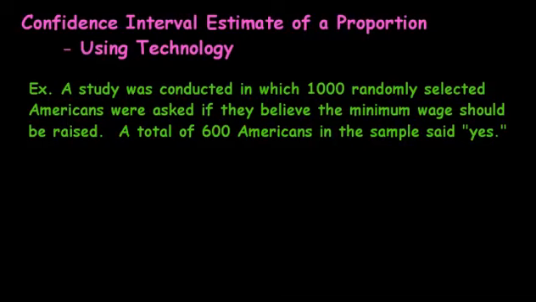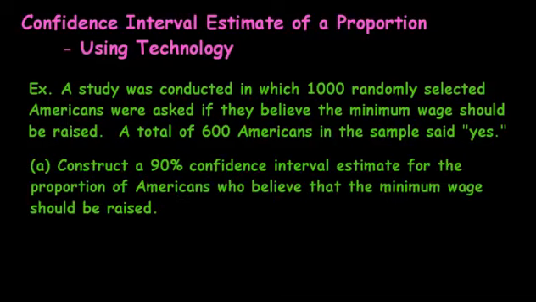So let's continue on then to find that 90% confidence interval estimate for the proportion of Americans who believe that the minimum wage should be raised. So what we need here for our technology is we will need to enter the number of successes, which is our X, right? And we found there were 600.